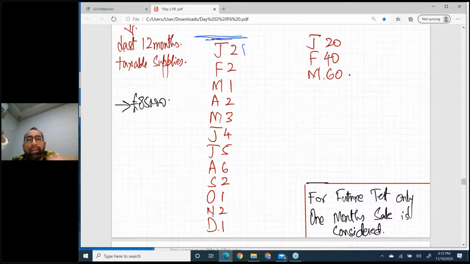Now look at this number, 85,000. Just confirm on the WhatsApp group whether the compulsory registration limit is 85,000 or 83,000, because I'm not sure right now. In previous years it was 83. Okay, 85, right? Done.